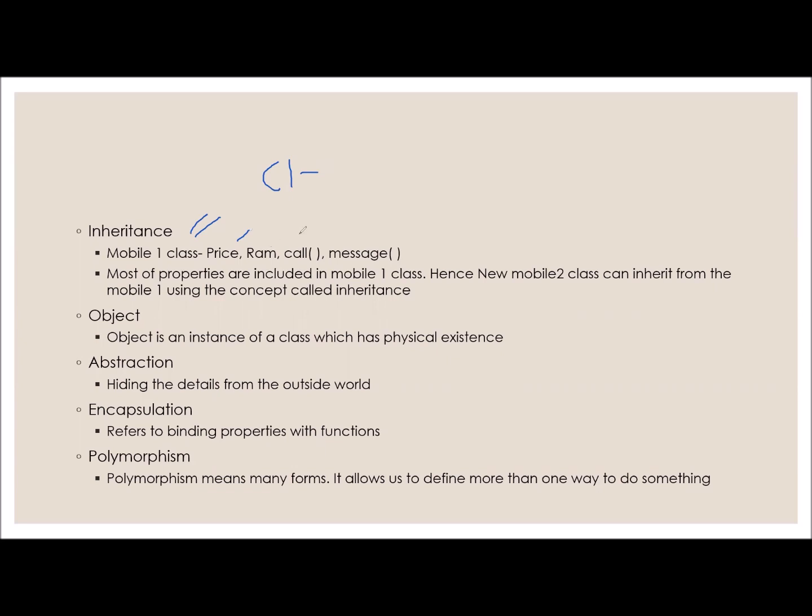It is considering the same RAM and the same functions, call and message, and including them in the new mobile. But the price they are changing. They are not inheriting the price, but they are inheriting the RAM and the call and message functions. By using these three, a new class is defined. So in object oriented programming, whenever a new class is designed, that class can inherit the properties and functions from class 1.